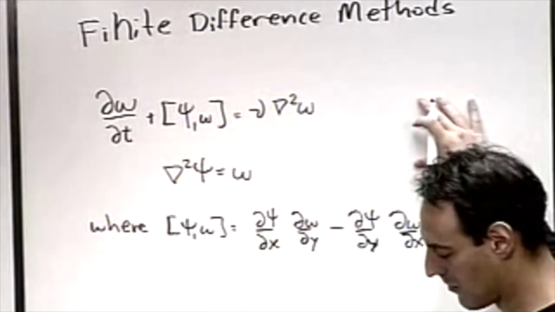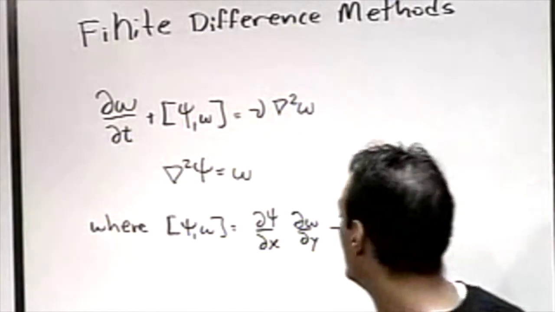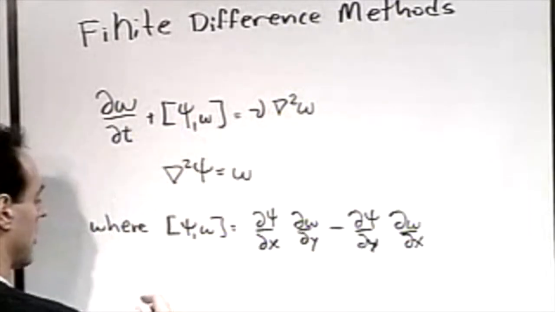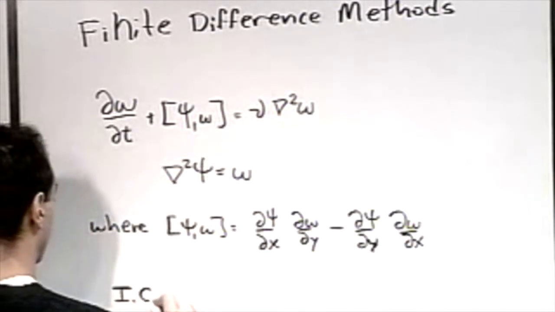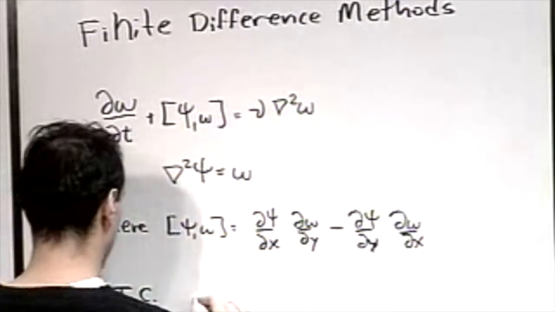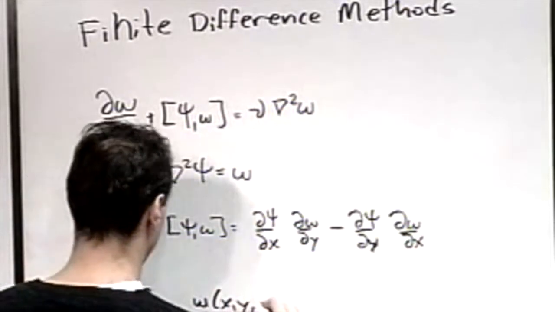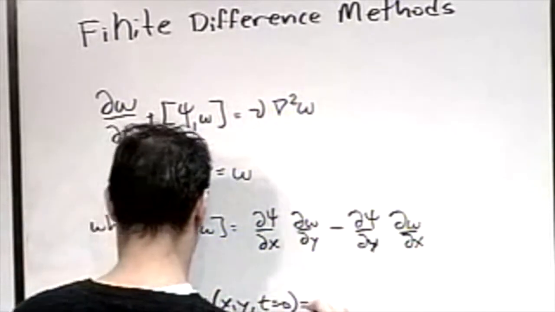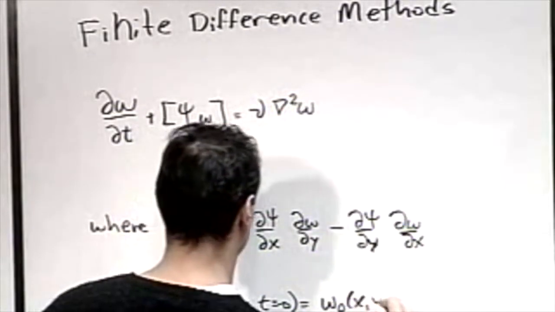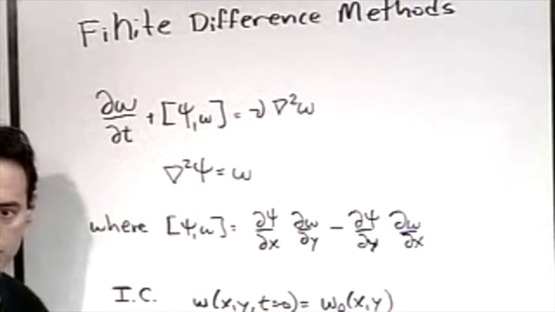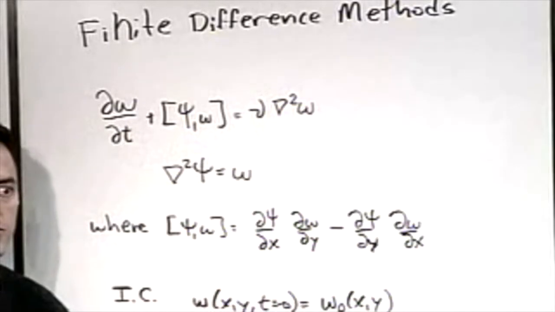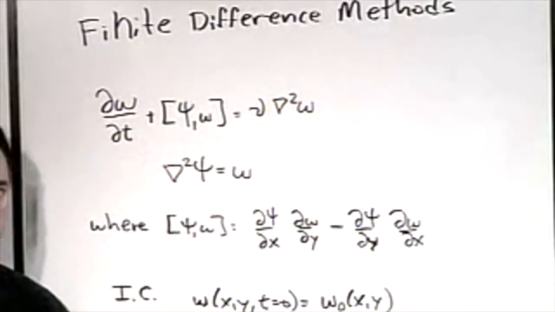Last thing here, by the way, I should point out we have boundary conditions as well. So boundary conditions and initial conditions. The initial condition associated with this is typically you give the initial vorticity. At time t equals 0, let's say I know the vorticity distribution in my spatial domain.